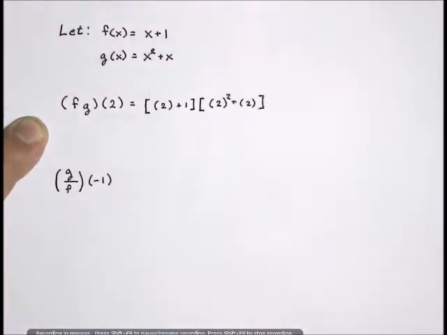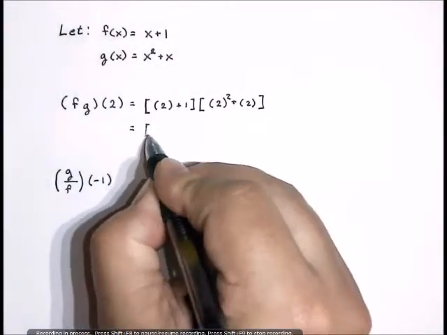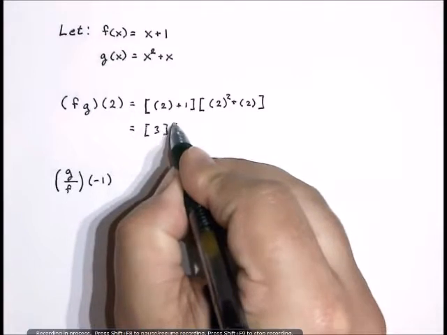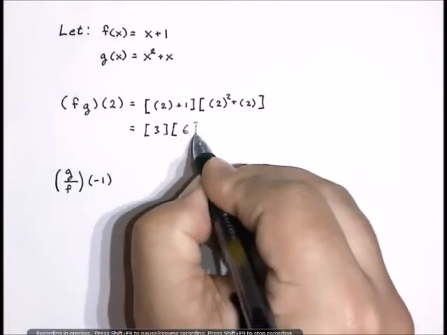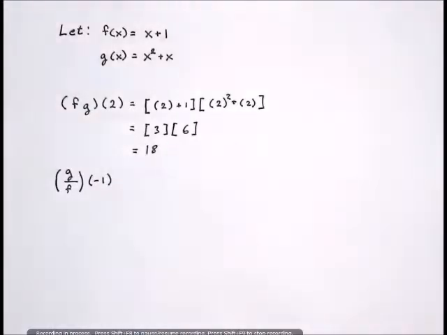And now that I have all my numbers plugged in, I just work it out. So f times g of 2 is 18.